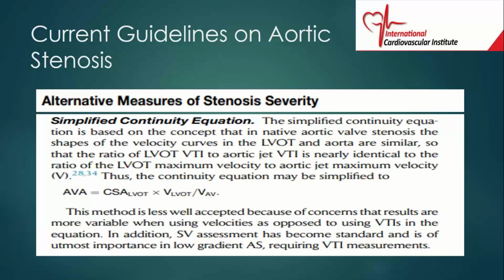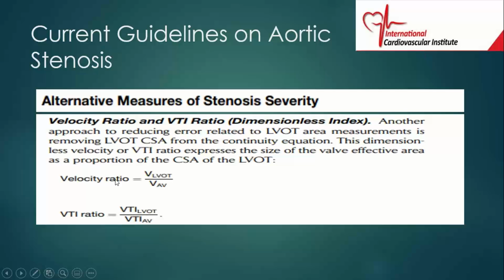As we showed before, the original continuity equation used the VTI. You can use velocity. It is not the same thing because the VTI uses a curve, and even though you might have the same velocity, the curve may be different. So the VTI is more accurate, but you can use velocity.